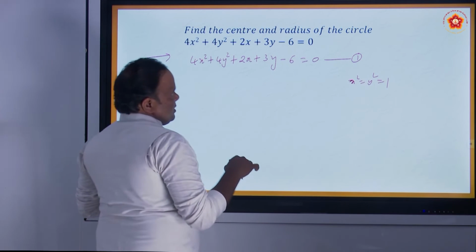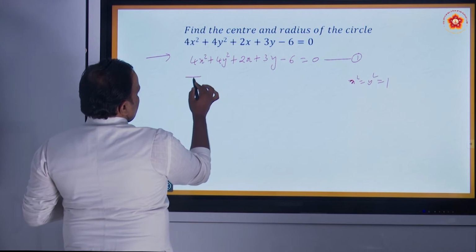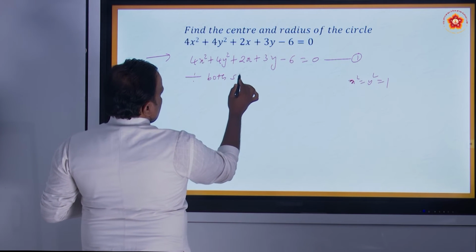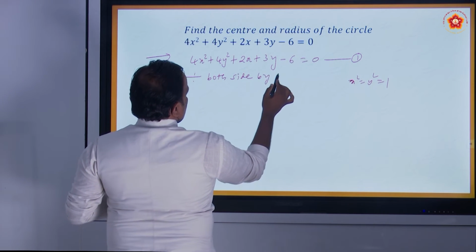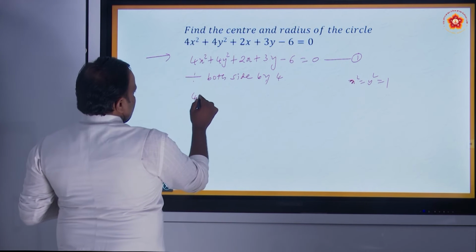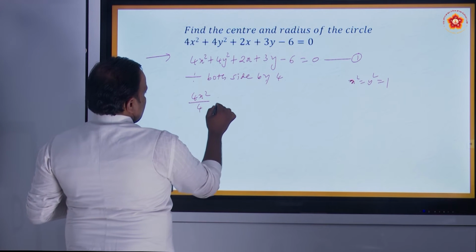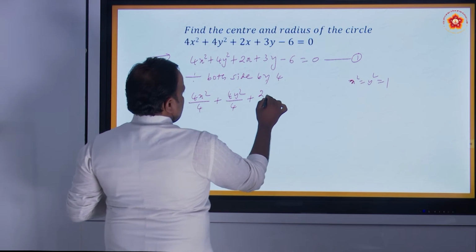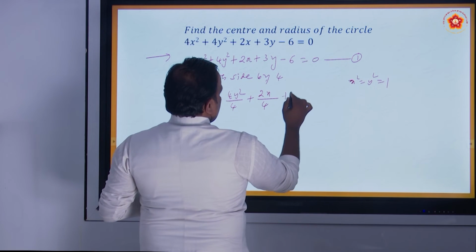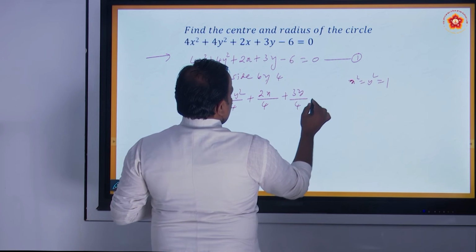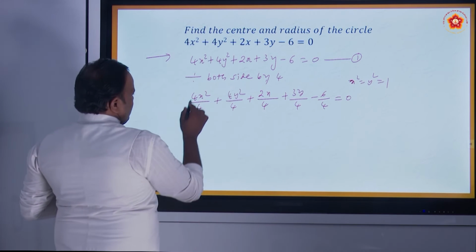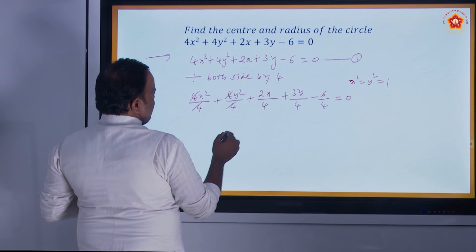So divide both sides by 4: 4x square by 4 plus 4y square by 4 plus 2x by 4 plus 3y by 4 minus 6 by 4 is equal to 0. 4 gets cancelled, 4 gets cancelled.